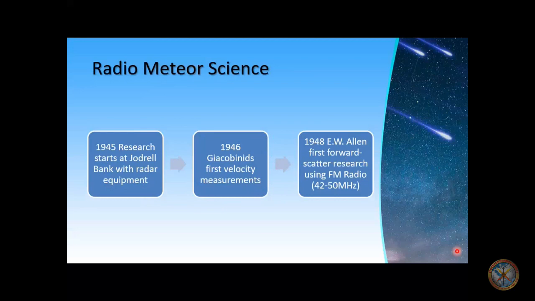All that so far was radar, so receiving at the same location as they transmitted. And in 1948, Allen then did the first forward scatter research, and he was using FM radio, which in the US at the time was between 42 and 50 megahertz.